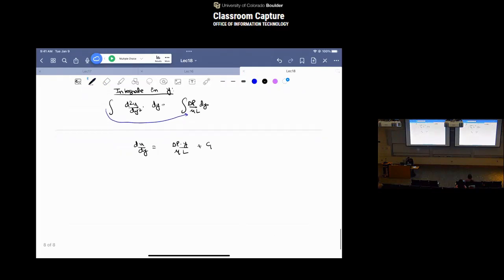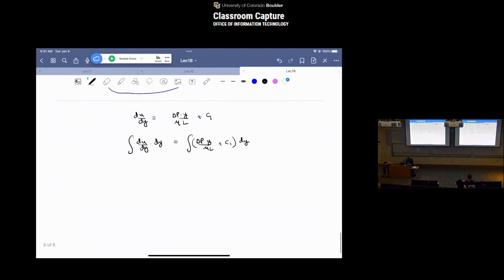and then I will do another integration. du by dy is equal to delta p y by mu L plus c1 dy, and this will give you u is equal to delta p y square by 2 mu L plus c1y plus c2.